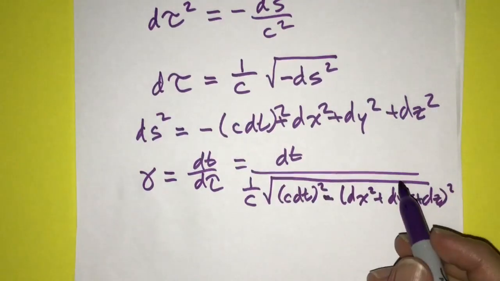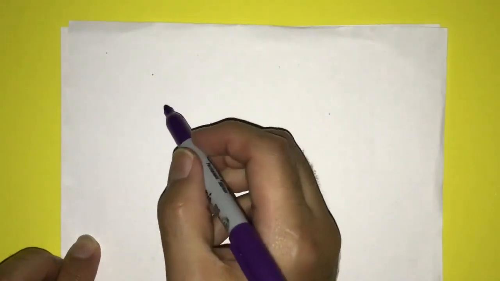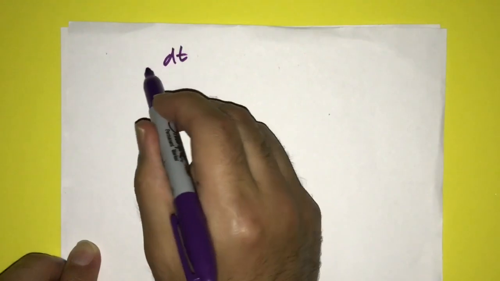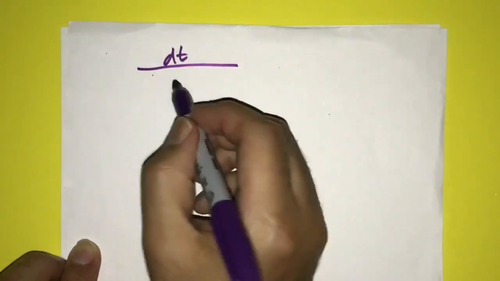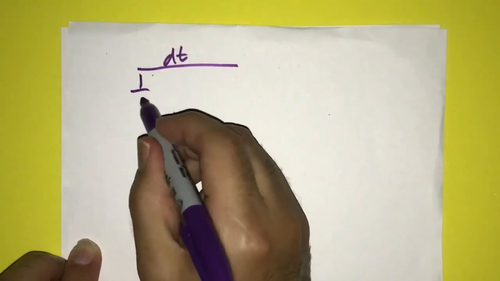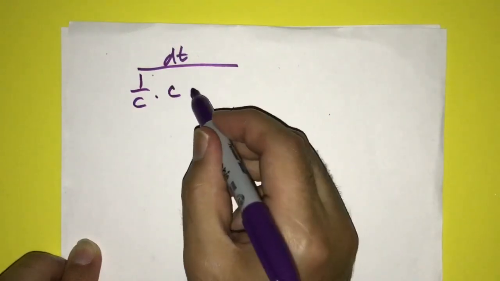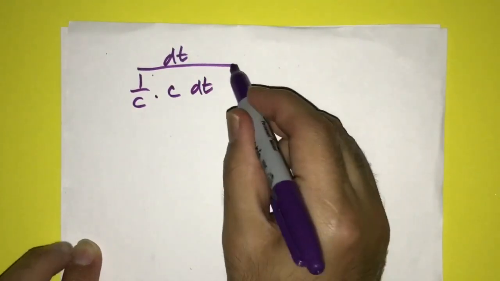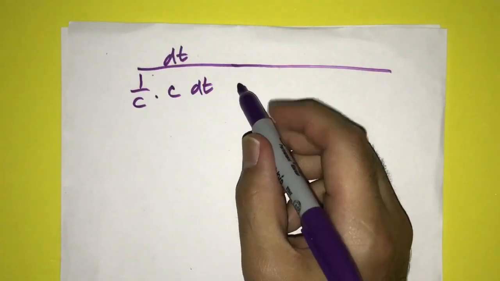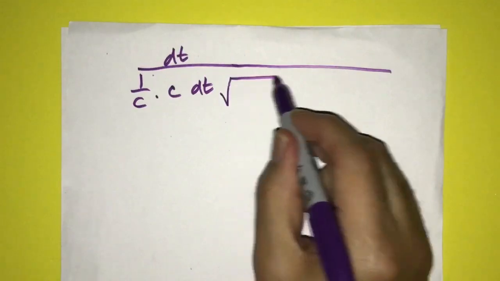Okay, so let's see what we get. So now we get dt, and all this is going to be over 1 over c times c dt, and we have this term under the square root sign, so let's see what we have.